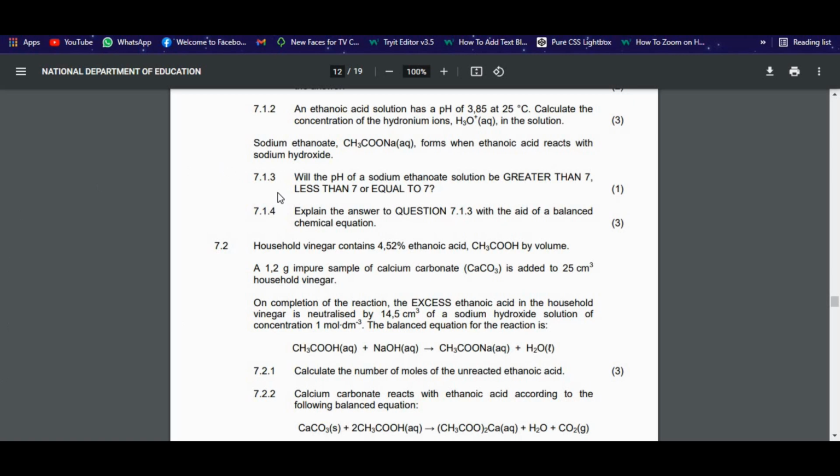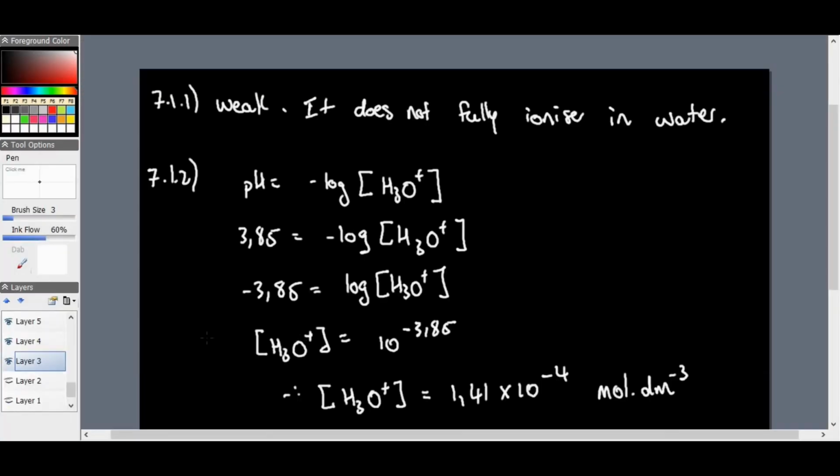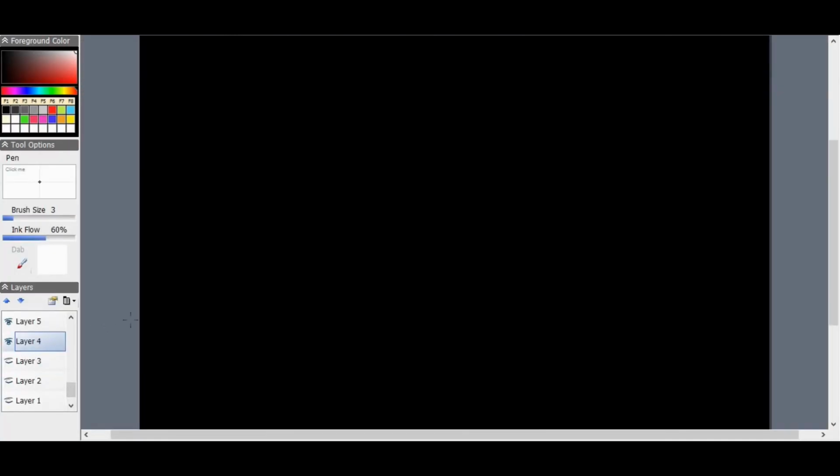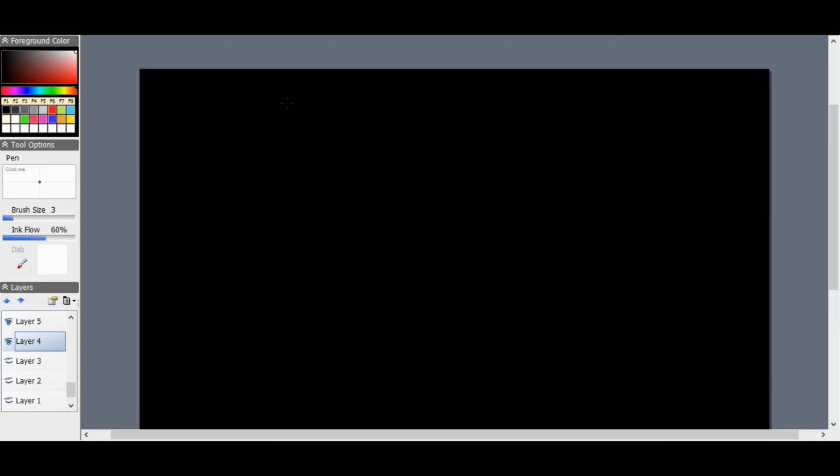Well, we are reacting ethanoic acid with sodium hydroxide. So I think the formula for that, because it's in aqueous solution, if I think about it, should be CH3COONa in aqueous plus water, which is a liquid.